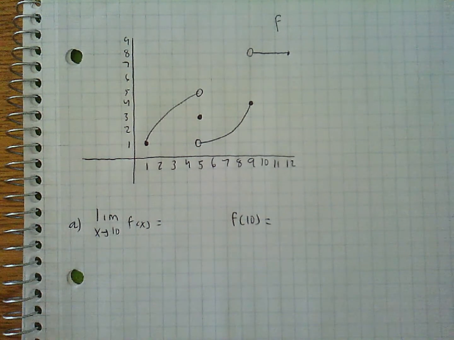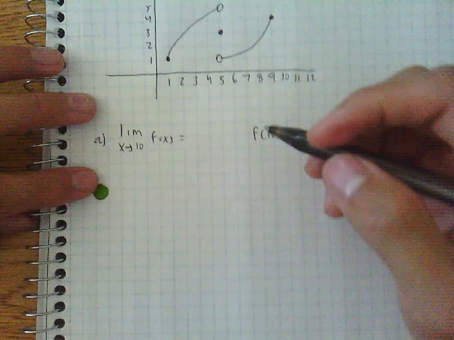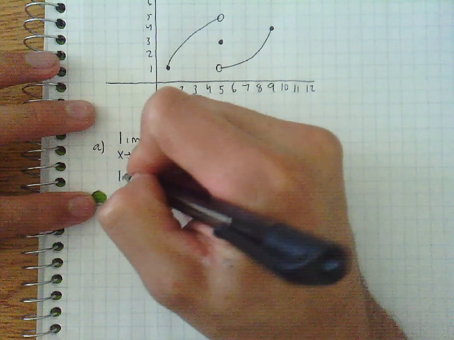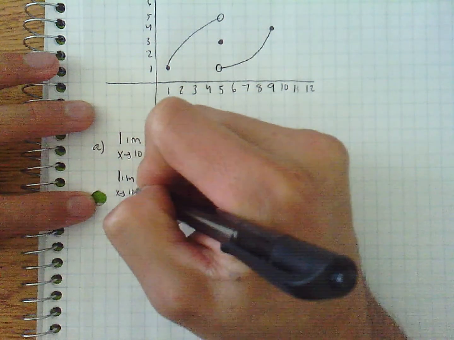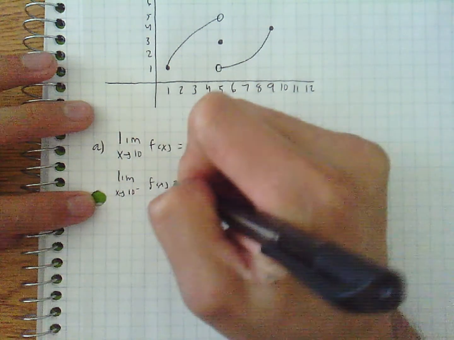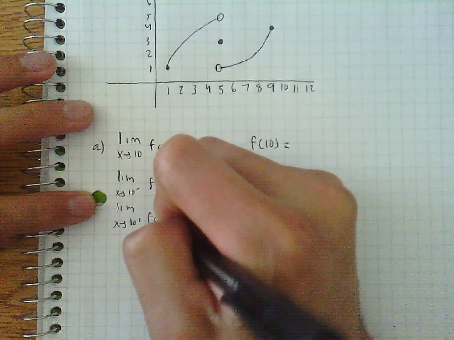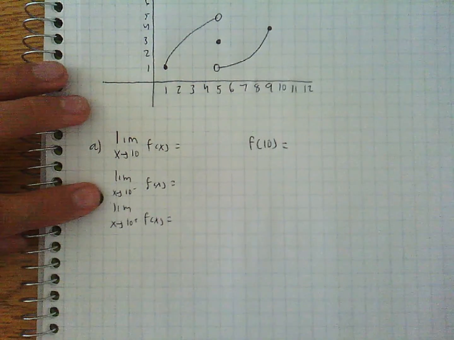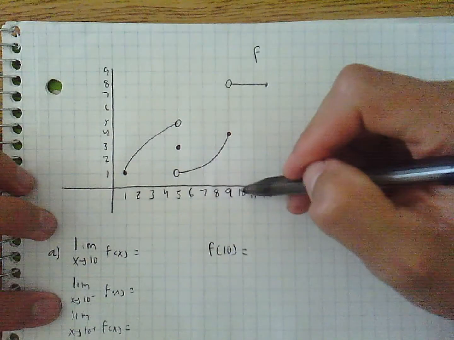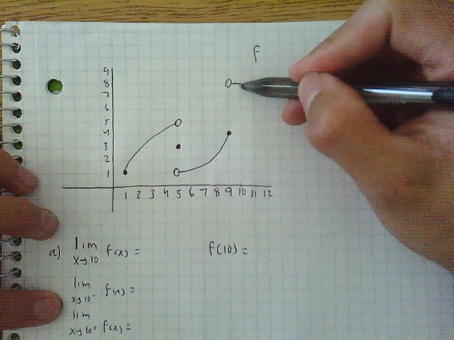Now remember, in order for the limit to exist, you need to ask yourself, and I typically don't write this but you are welcome to, what is the limit as x approaches 10 from the left? And what is the limit as x approaches 10 from the right? So let's analyze that situation. Here's 10, I'm going to go up to the graph.